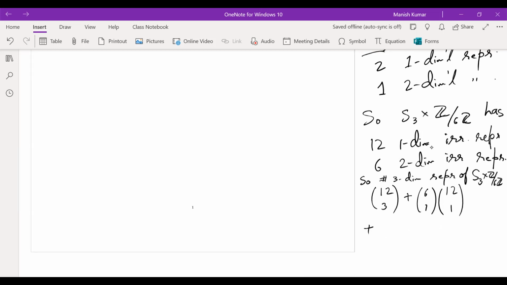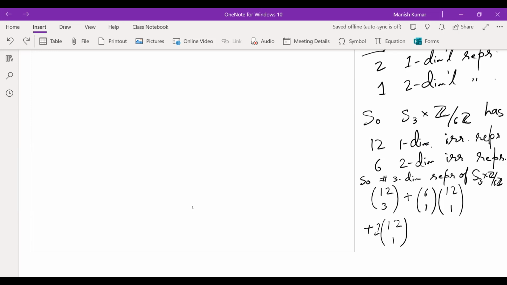So that is, let's say, 12 choose 1 times 12 choose 1. So you are taking a one-dimensional representation with multiplicity 2, you are choosing one of them, and then, sorry, this is not the right way to do it.